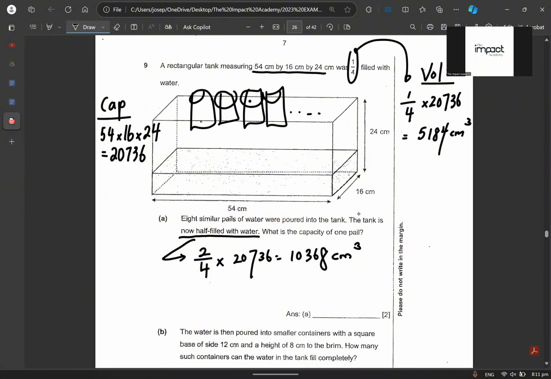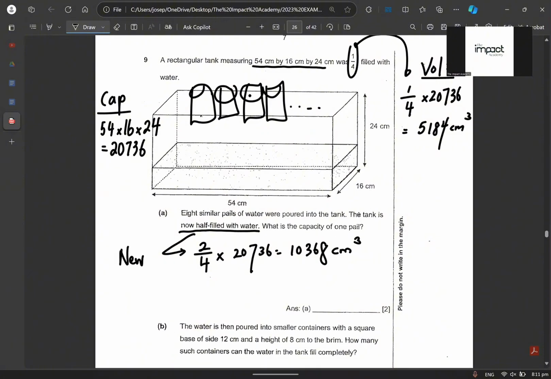Well, don't forget, this is your new volume. Agree or disagree? All right, like you said just now, we must always remove away the original, right? 5184 was already there. Am I making sense? When I put the 8 pails, then it became 10368. So the 8 pails actually is not 10368, but rather it is 10368 minus away 5184.